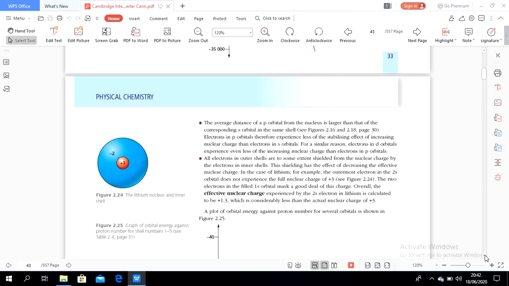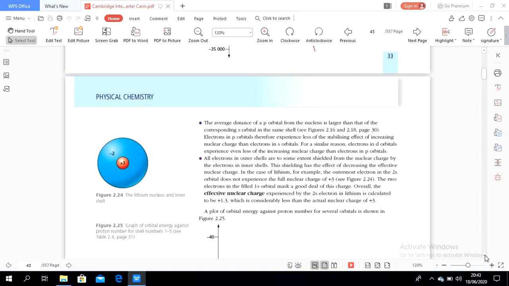Because it is further away, the nuclear charge felt is weaker in p, so it is getting stronger in s. It is also similar in the d orbital. So there are shells and subshells s, p, d, and f.